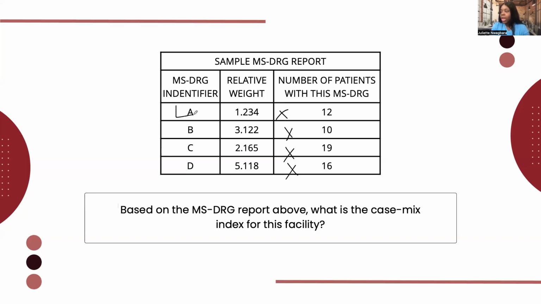So A's relative weight is 1.234. I'm going to multiply that by the number of patients that I have. So I'm going to multiply each of these across. These are equal signs if you can't tell. You'll multiply 5.118 by 16, 2.165 by 19, 3.122 by 10, and 1.234 by 12.